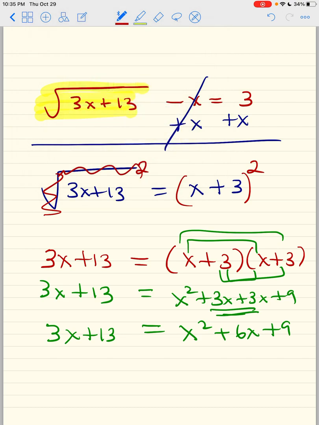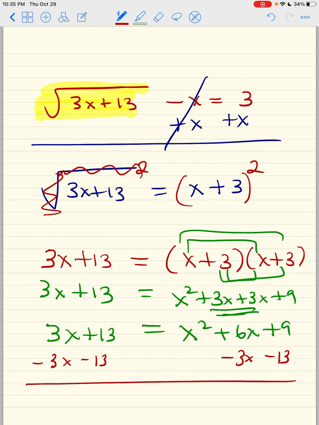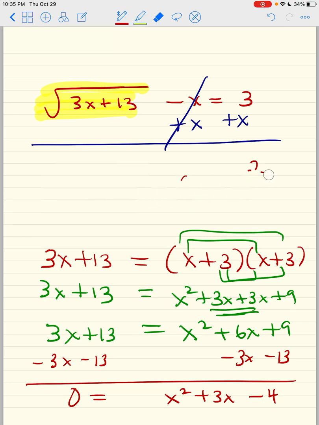Now, anytime you're solving quadratic equations, you want to get 0 on one side. This is 0, x squared plus 3x, and this is going to be minus 4. Okay? So, I'm kind of falling off the screen, so let me just get rid of something here. Sorry about that. So, pause the video if it's too fast for you.